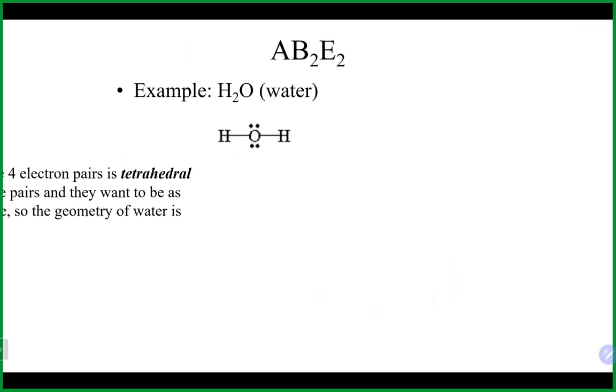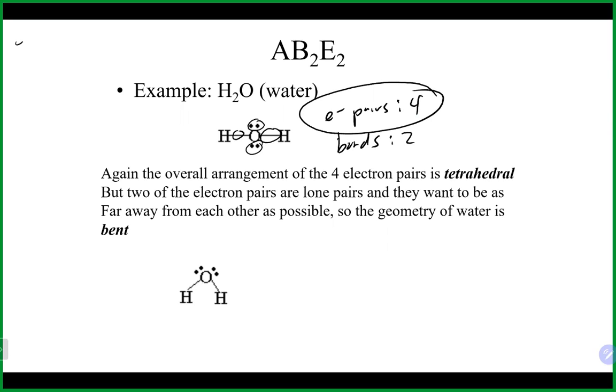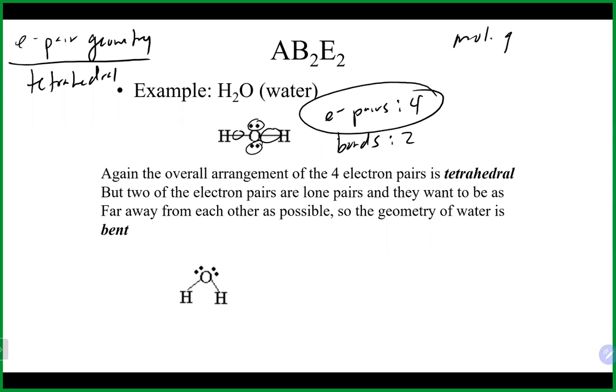Lastly, here we have something like water. Water here, when we look at our electron pairs and our bonds, we have 4 electron pairs around the central atom. And we have only 2 bonds in this case. So once again, with 4 electron pairs, the electron pair geometry will be tetrahedral. The molecular geometry in this case, because it has really the worst situation, it has non-bonding electrons near non-bonding electrons.